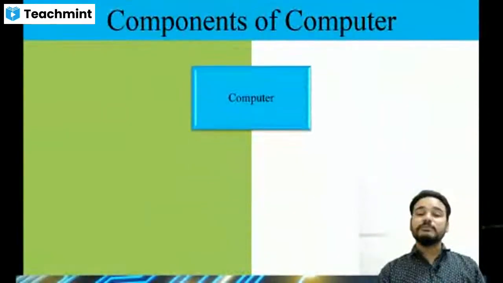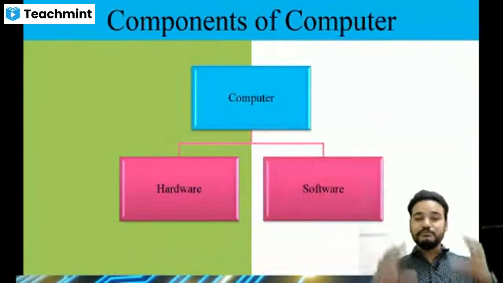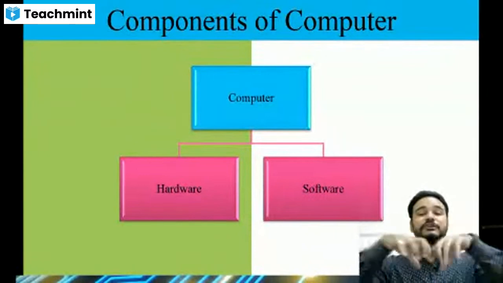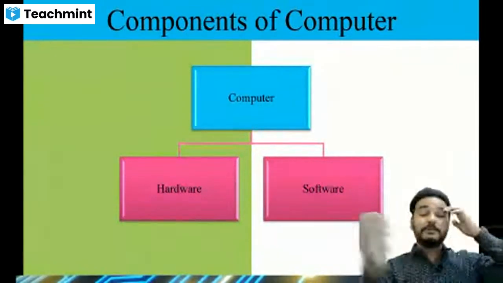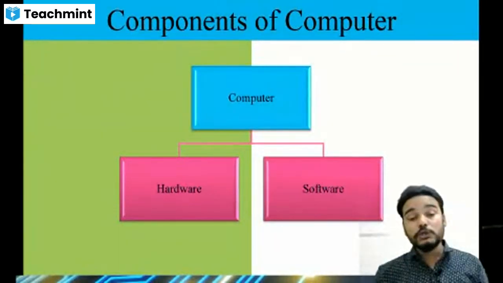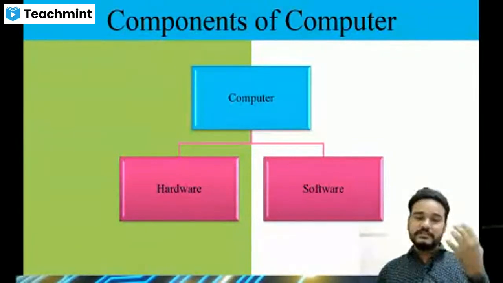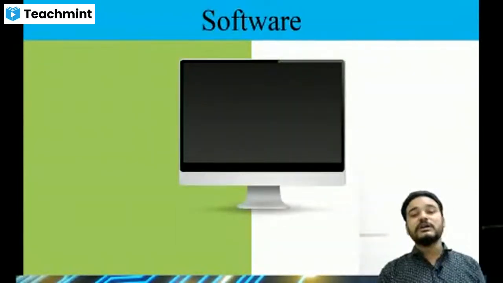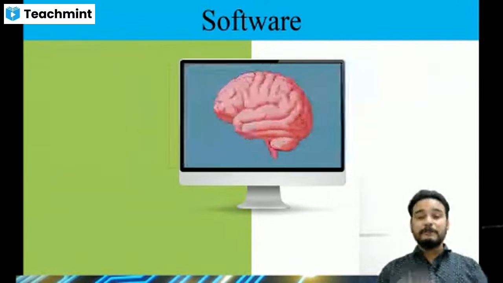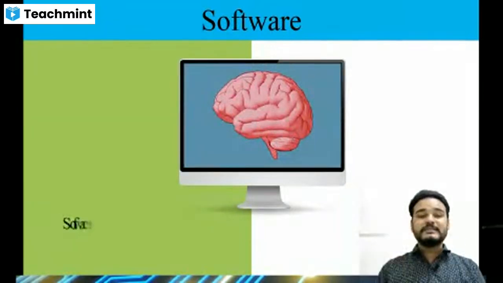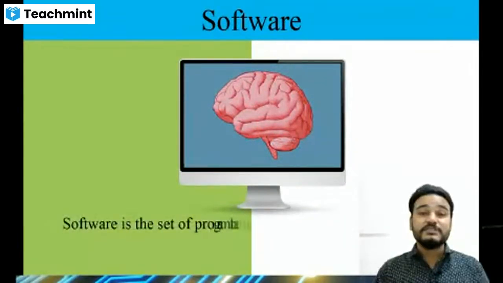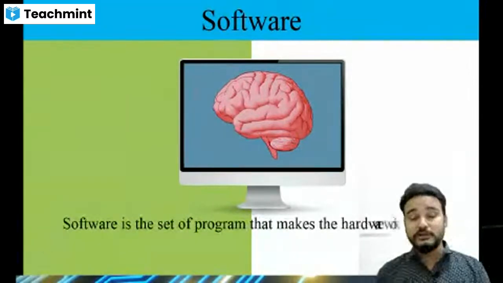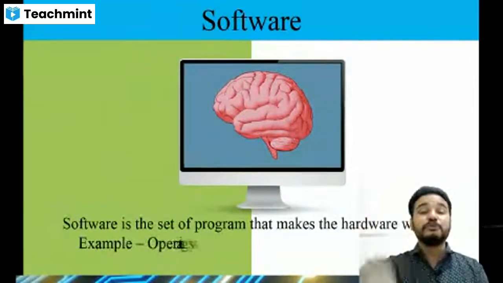Then we have learned components of a computer. So computer's components are divided into two categories. All the parts of your computer are divided into two categories. One is hardware, another is software. So hardware is what? Software is what? Software is a part of computer that cannot be seen, but which makes your computer run, which makes your computer work.